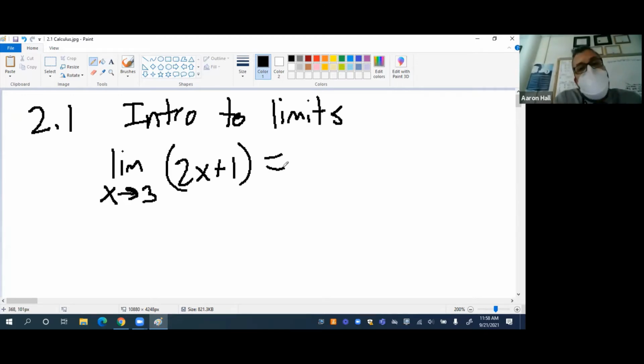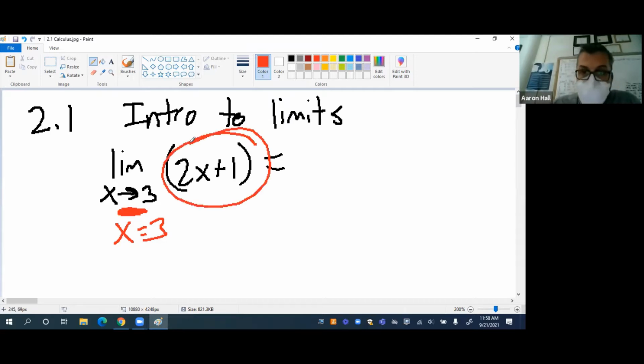And then I want to know what that equals. Let's make it very clear that I am not saying x equals 3. What does that arrow mean? Approaches. I'm saying x approaches 3. When x approaches 3, what does our function do?